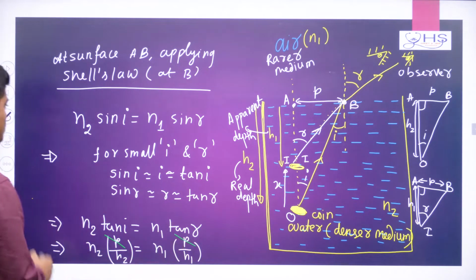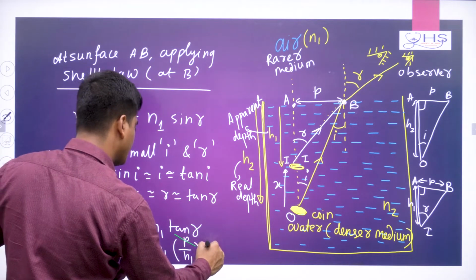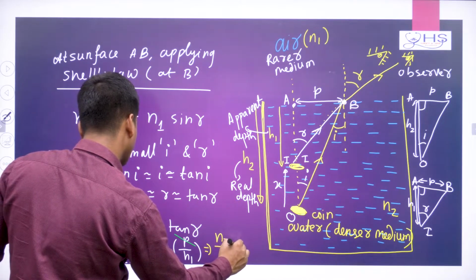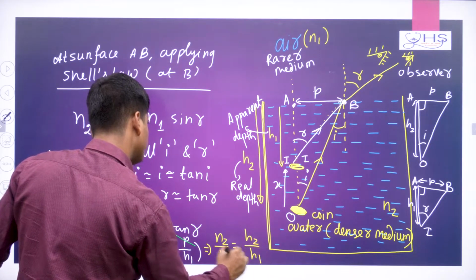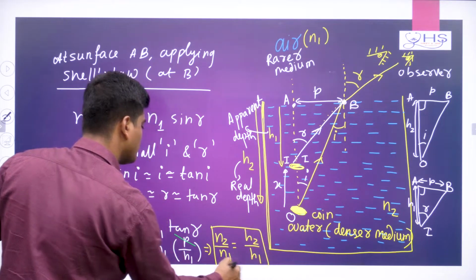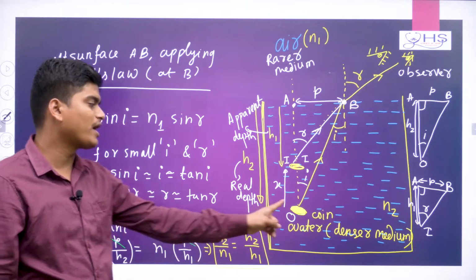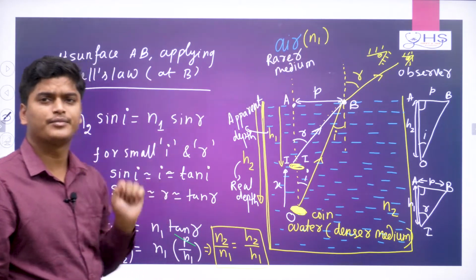Now if you see here, P is getting cancelled. Now we are getting N2 by N1 is nothing but H2 by H1. N2 is the refractive index of water or denser medium here. N1 is the refractive index of air or rarer medium.